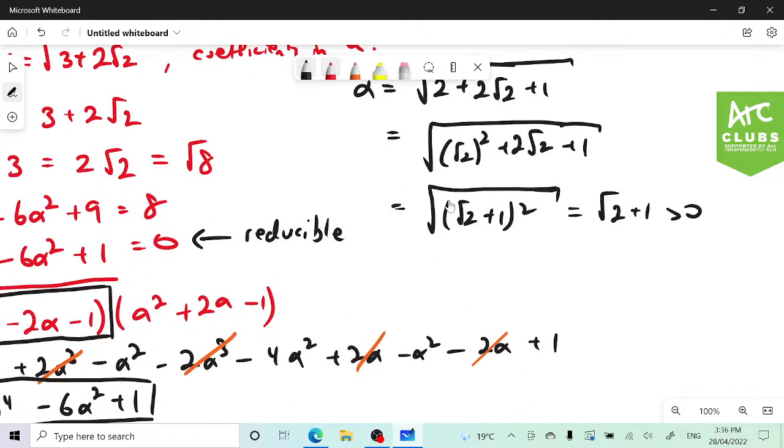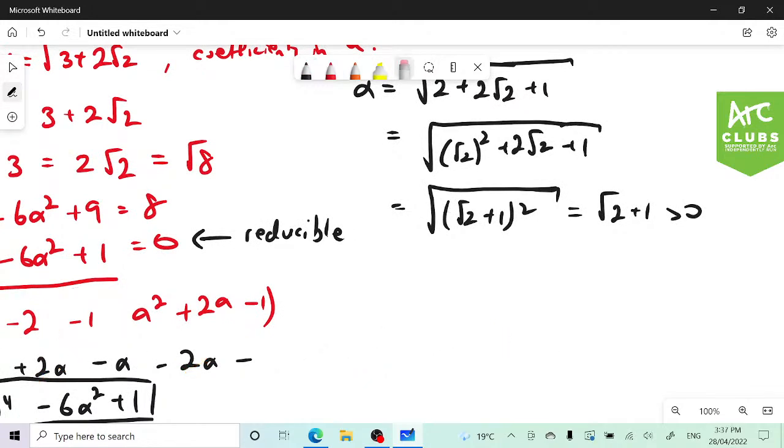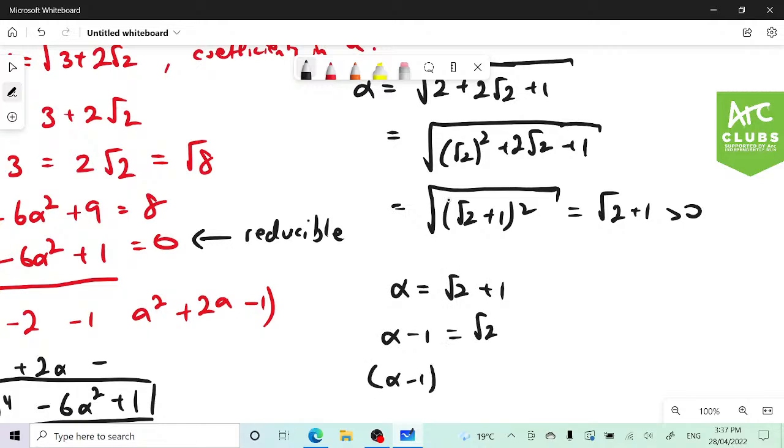Then it's a lot easier to see what the minimal polynomial is. If alpha equals root 2 plus 1, then alpha minus 1 equals root 2, and so alpha minus 1 squared equals 2, or alpha squared minus 2 alpha plus 1 equals 2.